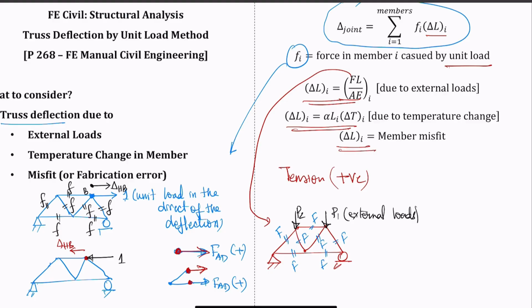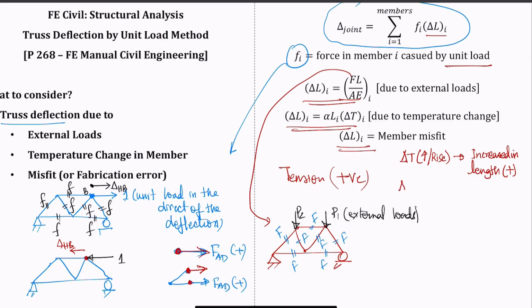And then in this temperature change, if delta T increases or rises, what it'll do is increase in length. And because it is an increase in length, we'll consider that as positive. So if delta T is increasing in length, then delta T will be positive.